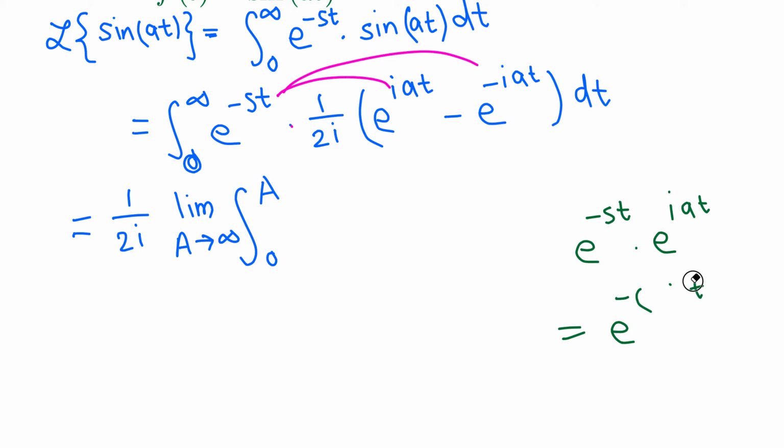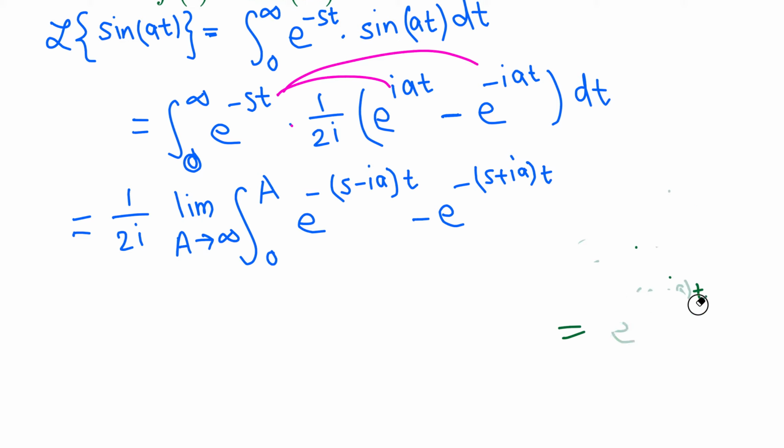When we combine these two, we get e raised to minus (s minus ia)t. In the same way, for the second term, there is a negative sign, e raised to minus (s plus ia)t. That is just combining exponential terms, and dt.